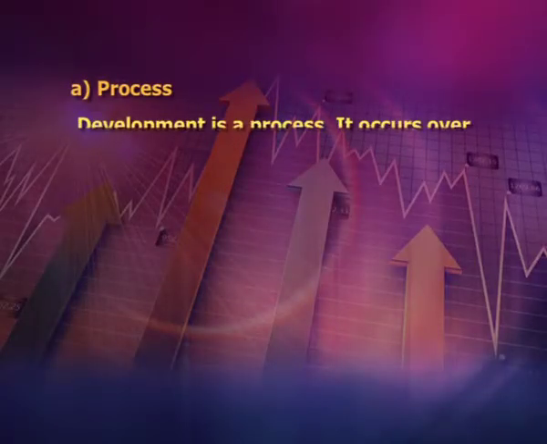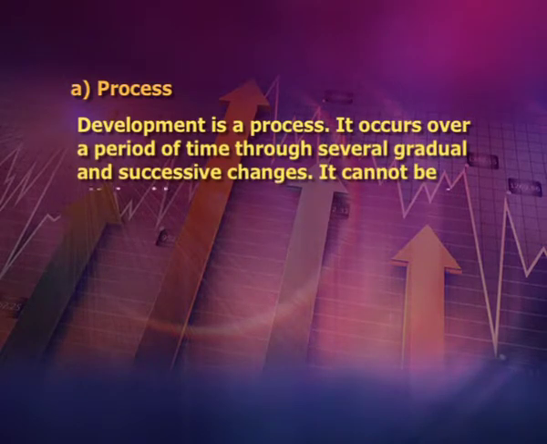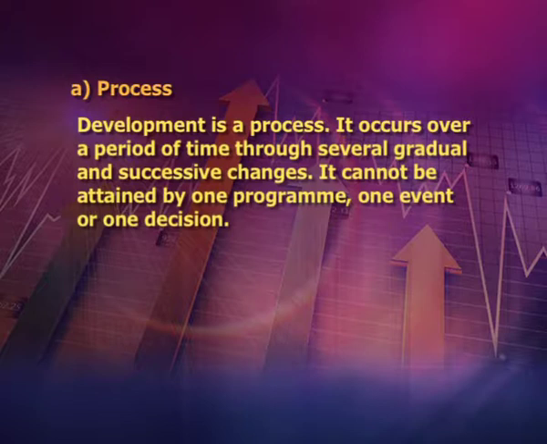The discussion of these three factors would help in understanding the concept of economic development. Let us understand process. Development is a process. It occurs over a long period of time through several gradual and successive changes. It cannot be attained by one program, one event or one decision.